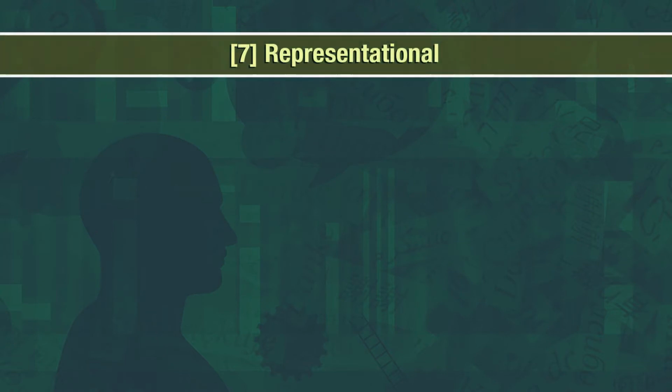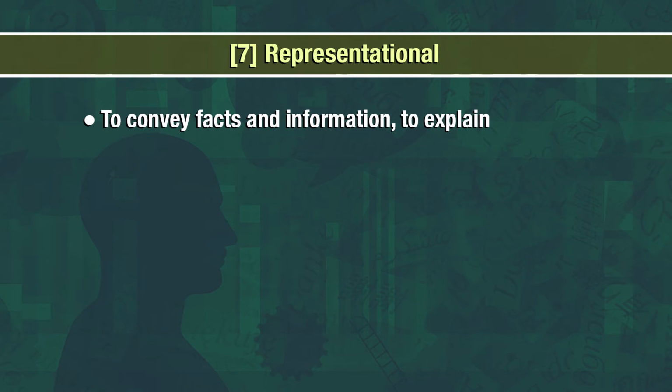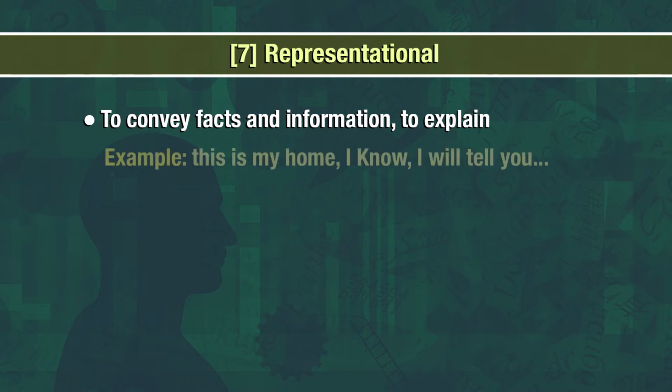The last and the final function is representational. When children wish to communicate information, when they wish to talk about certain things in their context, then they make use of representational function of the language. For example, this is my home. I will tell you something. I know.